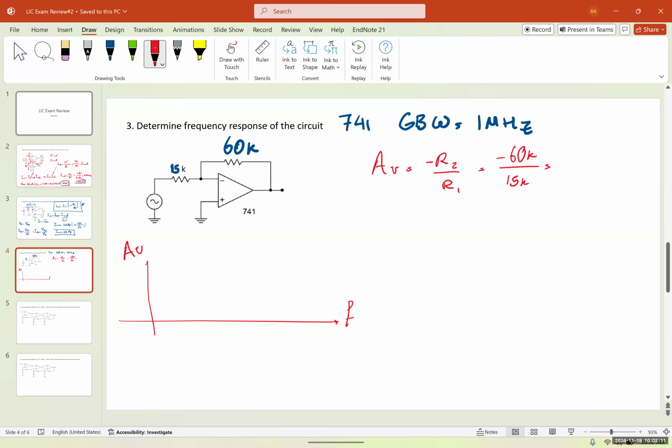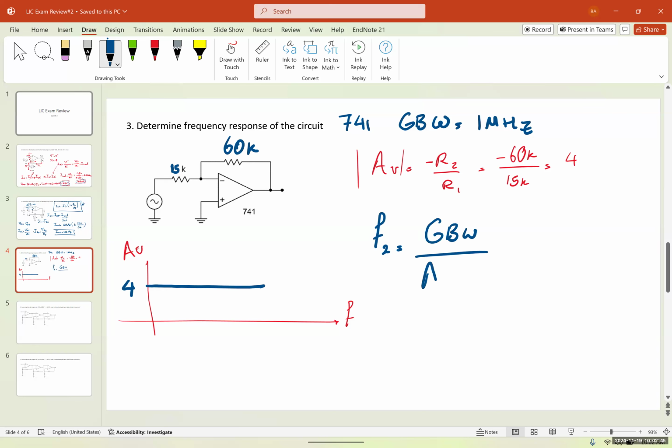Now we need to find the upper cutoff frequency. By the way, this is a low pass filter. To find the upper cutoff frequency for the system, I'm going to call it F2, is going to be the gain bandwidth over A noise.